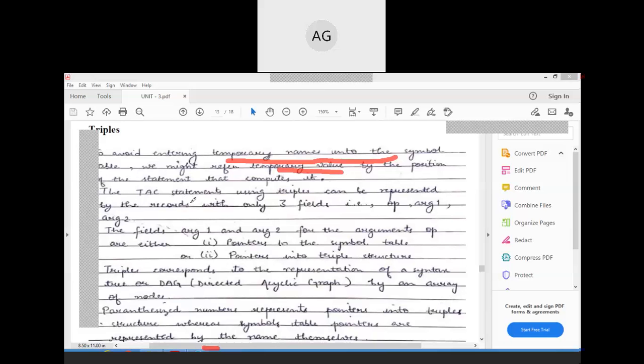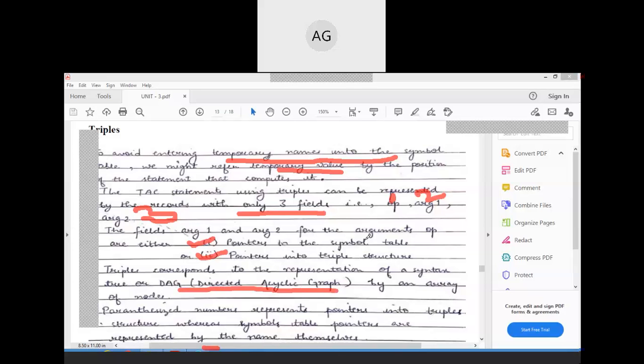So the three address code statements using triples can be represented by the records with only three fields. First is the op field, second is the argument one field, and the third is the argument two field. The fields argument one and argument two for the op are either pointers to the symbol table or pointers into the triple structure. So triple corresponds to the representation of a syntax tree or directed acyclic graph by an array of nodes.